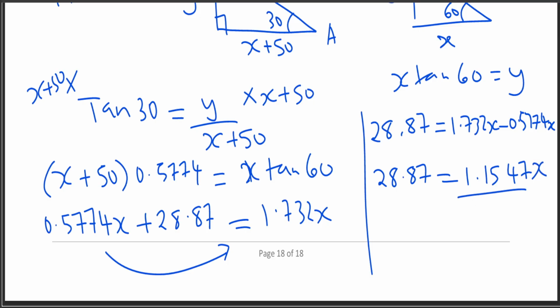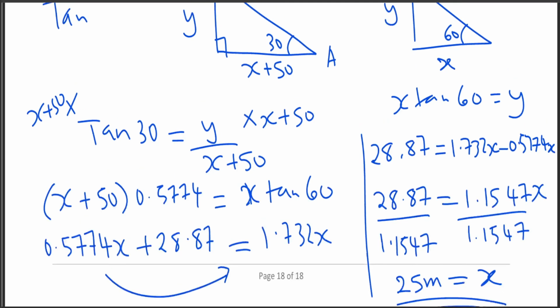So divide, tutoa hii 1.1547, divide by 1.1547. x is equal to 28.87 divided by that, which is going to give you x to be 25 meters.